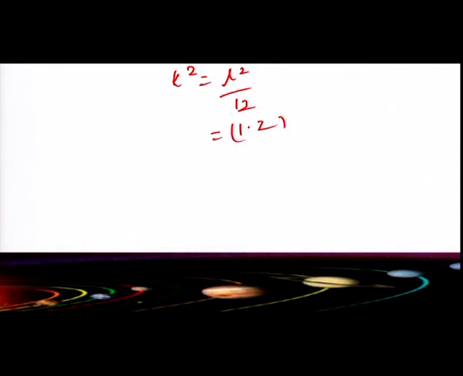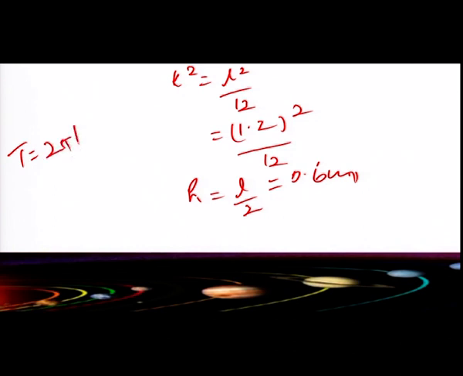So, therefore, it is 1.2 squared by 12, and h value is L by 2, so that is given as 0.6 meter. Then we should calculate what is the T. So, the formula for T is 2 pi root of (k squared plus h squared) by g h. So, you substitute in this formula.